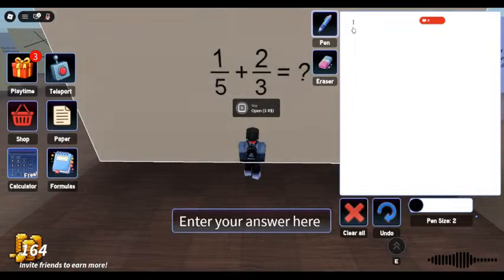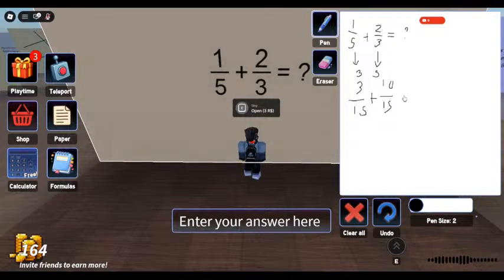And now here, the bottom is not the same. So let's go for 1/5 plus 2/3 equals question mark, right? So right now, this we times by 3, and this we times by 5. So 5 times 3 is 15. 1 times 3 is 3. 3 times 5 is 15. 5 times 2 is 10.